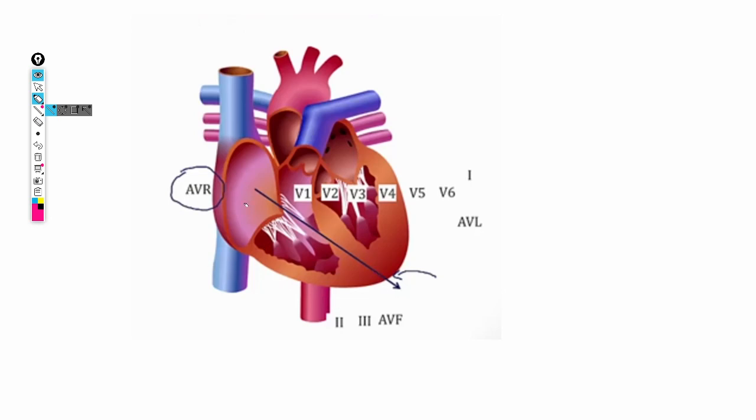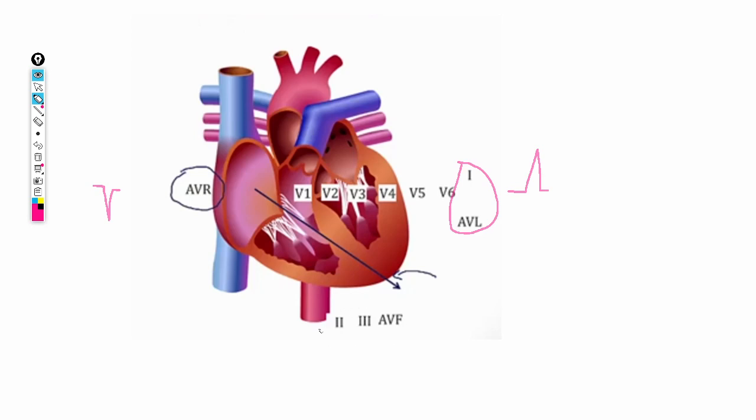It's moving away, so this causes a negative deflection. And then you're talking about lead AVL and lead 1. They see ventricular activity on the left side of the heart, and they will see the summation vector of forces move towards them like this, so positive deflection. So yeah, that's all it is.